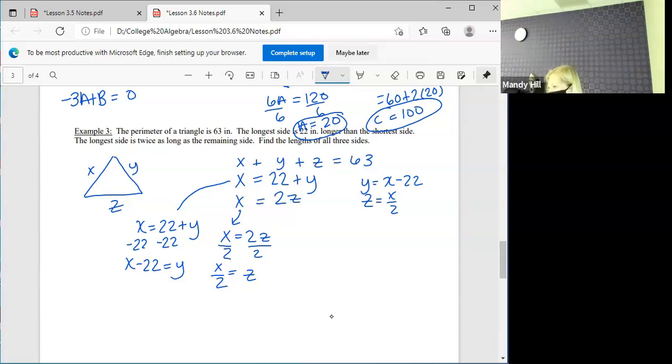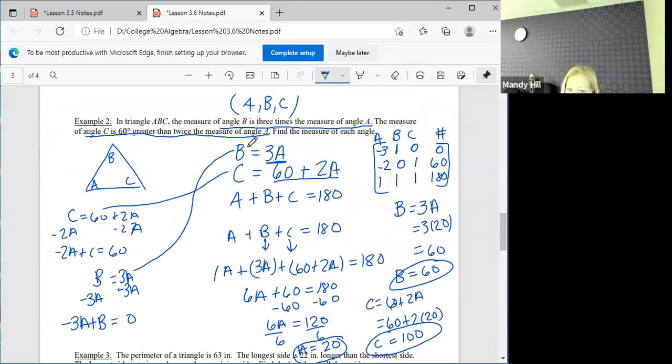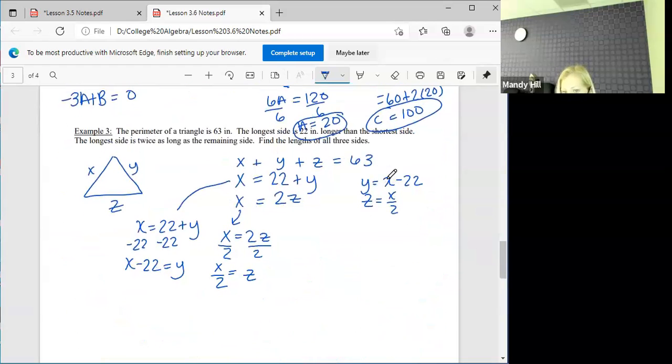The reason that is nice is because it's similar to up here, where both of these had an A in them. When they both were in terms of A, I could plug them in and make everything be in terms of A. When both of these have X in them, I can plug it in and make everything be X. So when we write down our equation, X plus Y plus Z is equal to 63.